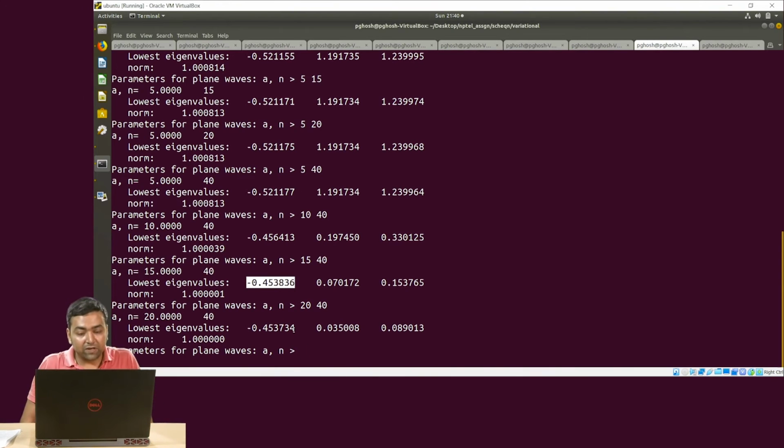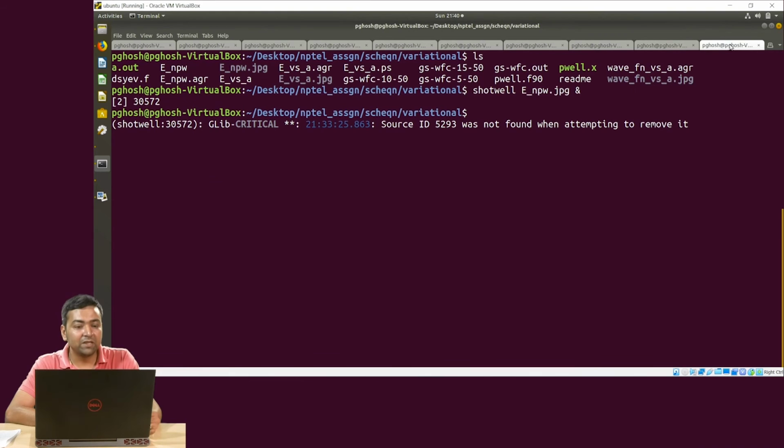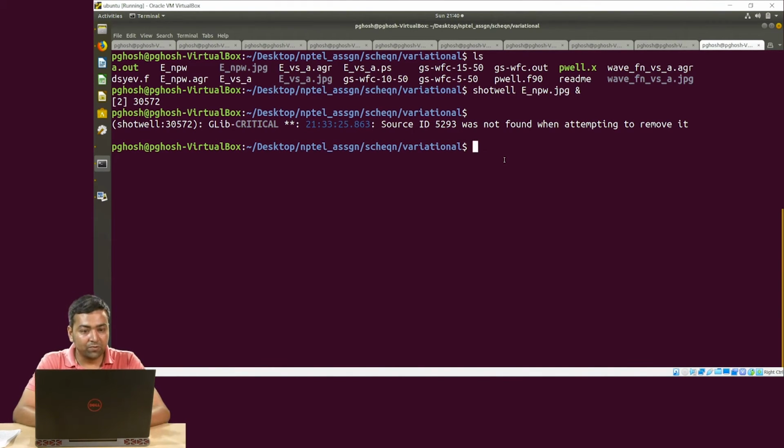So, what one needs to do is systematically increase the value of A and see at what value of A the energy does not change beyond a certain threshold. That value of A will be the correct value to describe my system within the periodic boundary conditions. Let me show you a plot of what happens.